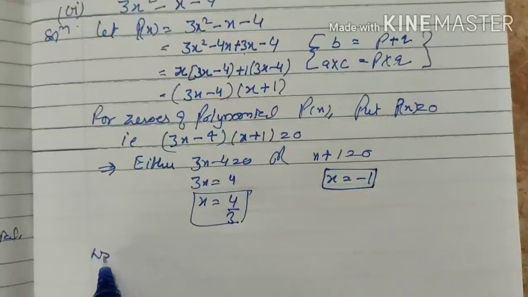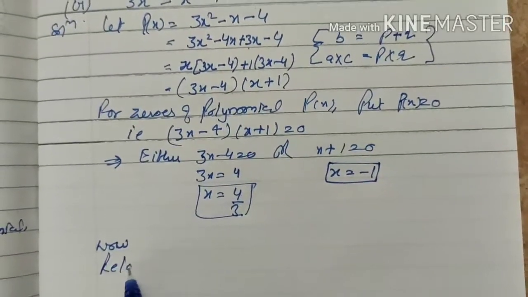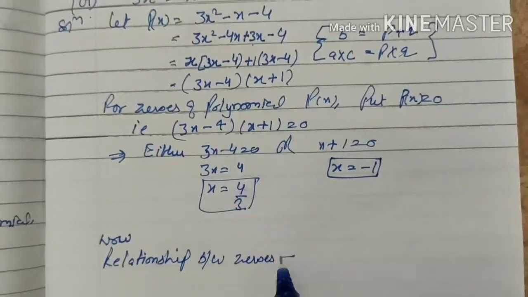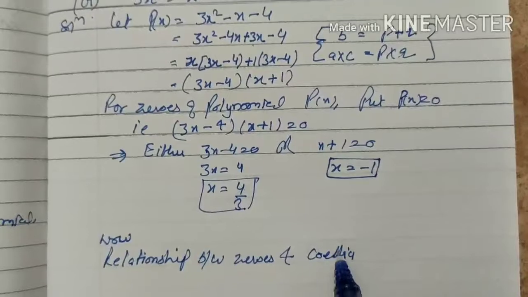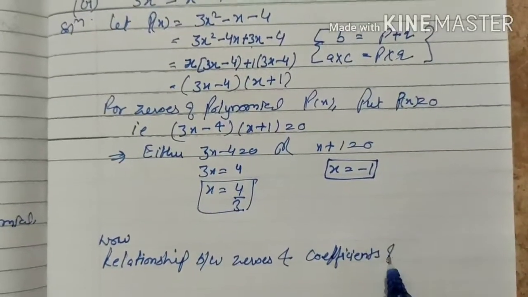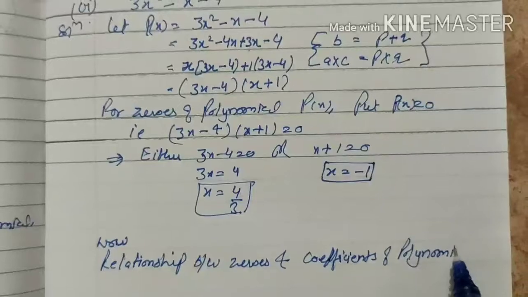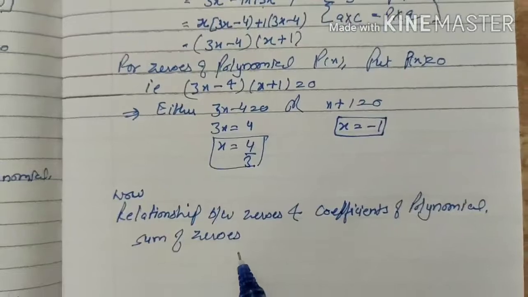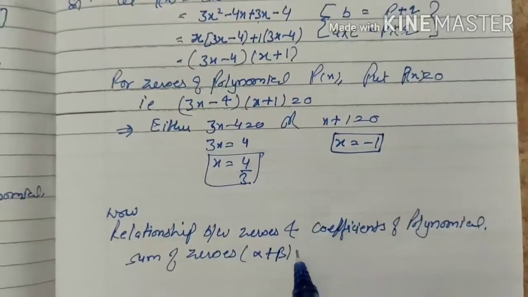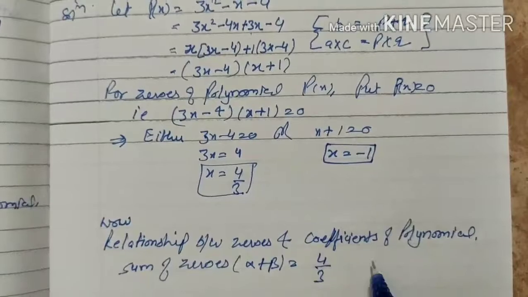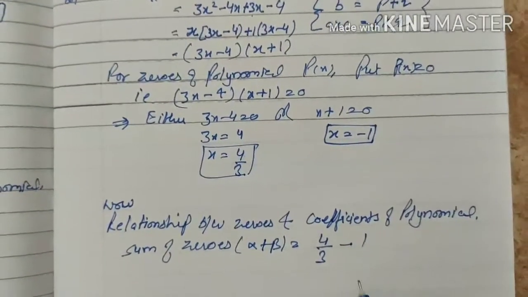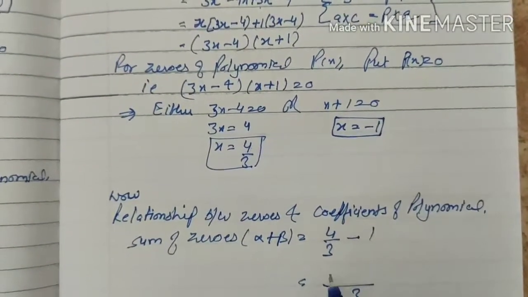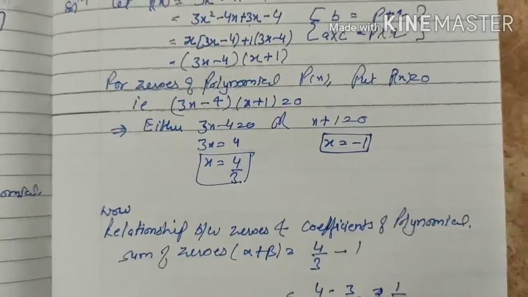So now the relationship between zeros and coefficients of polynomial. That is the sum of zeros. Sum of zeros, that is alpha plus beta, equals to alpha we have as 4 by 3 and beta as minus 1. So this will be plus minus 1, become minus 1. Take the LCM, so this will become 4 minus 3 over 3, so this will be 1 by 3.